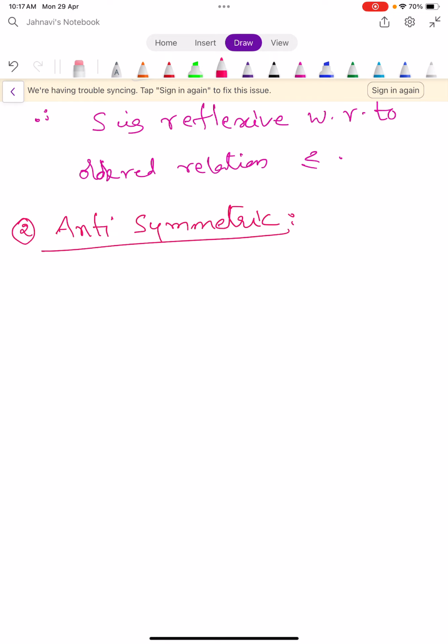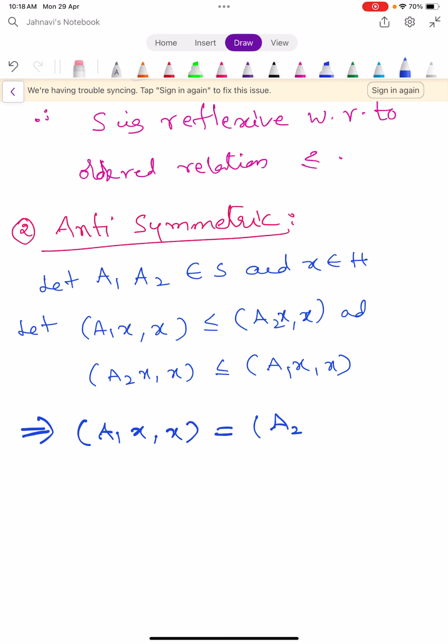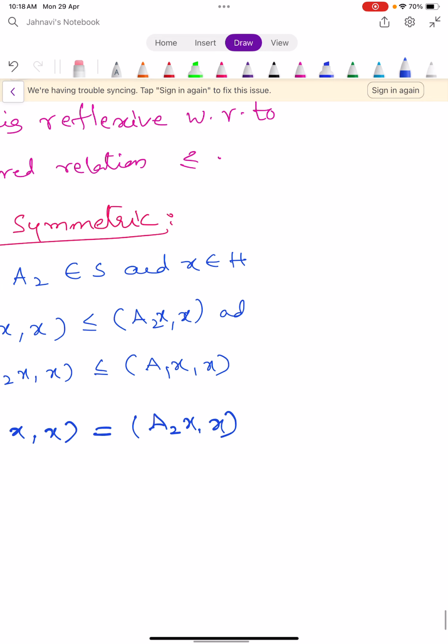To prove this, let us take two elements a1, a2 belongs to capital S and take small x belongs to capital H. Let us take the inner product of a1x, x less than or equals to the inner product of a2x, x and the inner product of a2x, x less than or equals to the inner product of a1x, x, which implies the inner product of a1x, x is equal to the inner product of a2x, x, because we learned that x related to y and y related to x implies x equal to y.